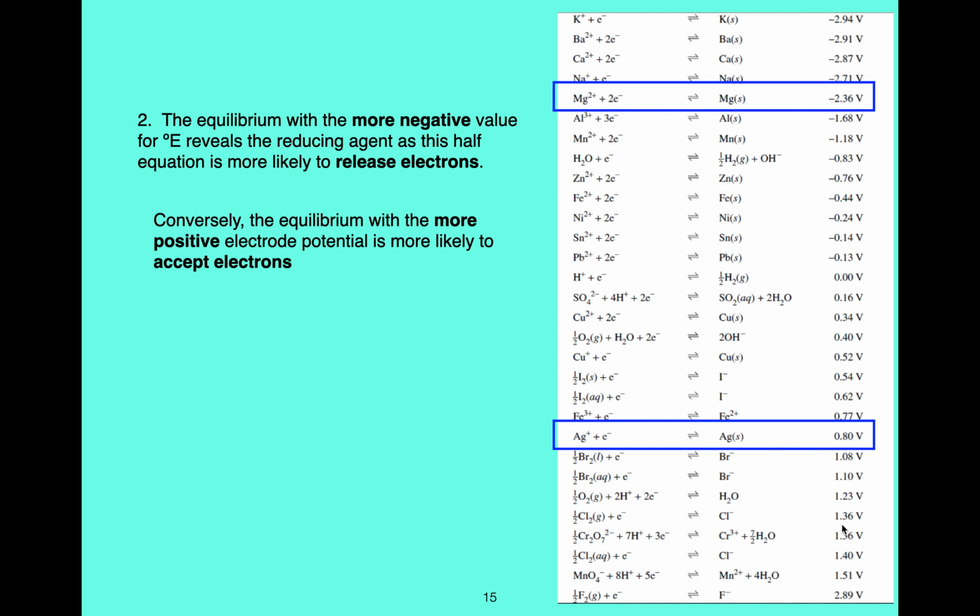So more positive gives us the species that is more likely to accept electrons. Okay, so more negative gives us a species that is more likely to release electrons. That's a phrase that they like to hear in exam questions. The magnesium would release electrons, and the silver ions will accept electrons.